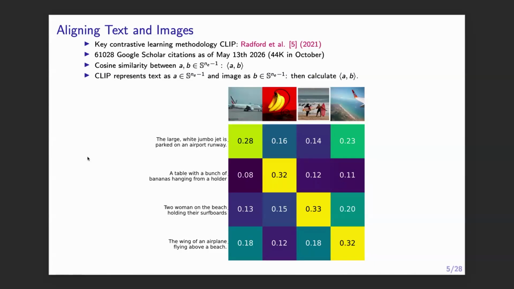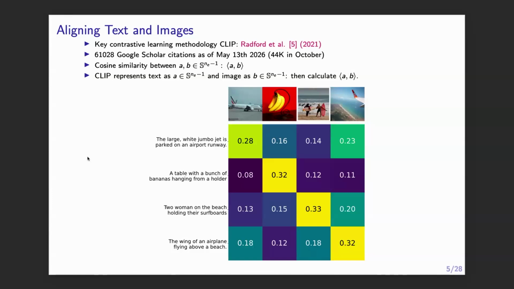And fundamentally, the idea of this model is that it tries to construct a way of outputting a similarity score between two types of data.